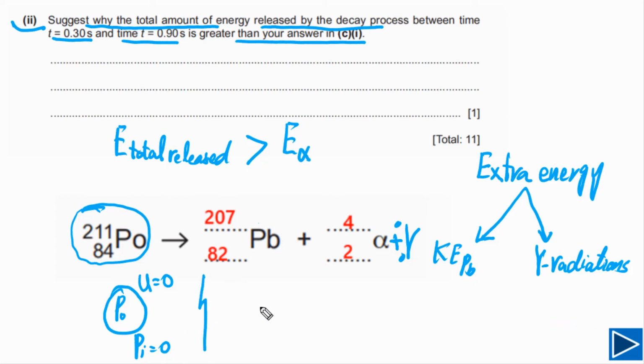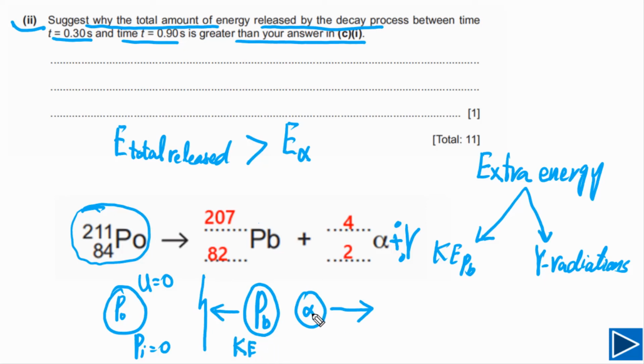After this decay, we have two particles: one is the nucleus of Pb and one is the alpha particle. If the alpha particle goes, for example, to the right, Pb has to go to the left to conserve momentum. So Pb has kinetic energy.